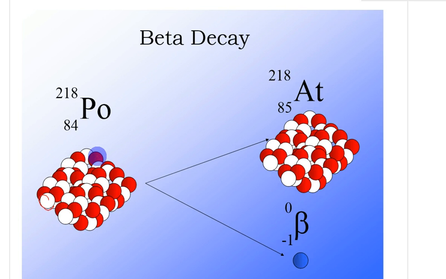It was on team neutron, now it's on team proton. So the mass remains the same, but the atomic number goes up because we gained 1 charge. That neutron's now kind of turned on, and it is now a positive charge. That's why mass stays the same, atomic number goes up, and the actual beta particle is this fast-moving electron, and electrons do have a negative charge. So let's take a look at working some of these problems now.